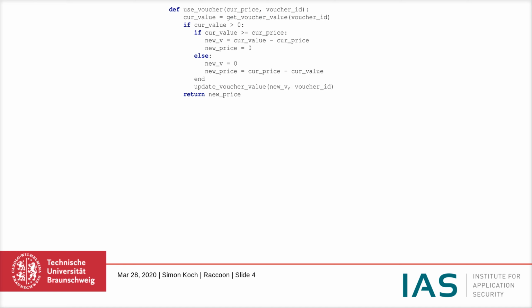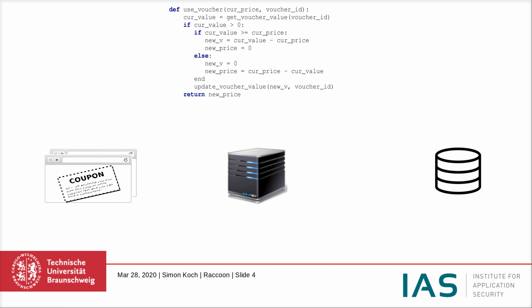What would happen if this process is performed concurrently by two users? Two users now try to apply the same coupon, and two such requests are performed. As we are using PHP, two independent workers are started simultaneously and call the function.